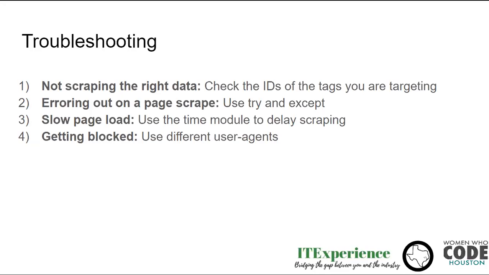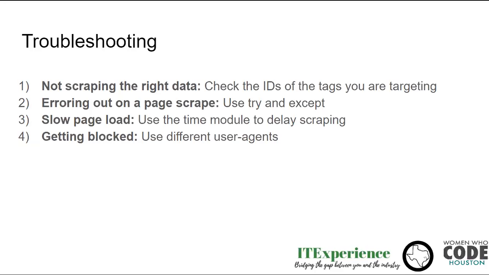Finally, there are going to be times where you might get blocked. You might get timed out. There might be some errors that are being thrown by the server because you're generating a lot of traffic on their website. One of the ways that you can get around that is by using different user agents again.